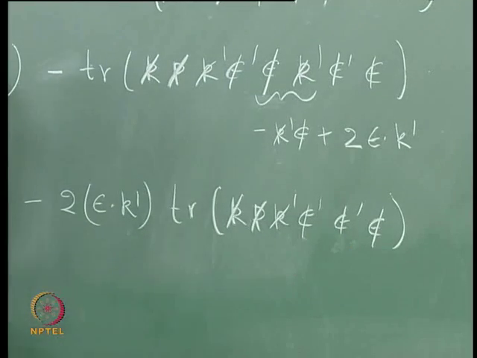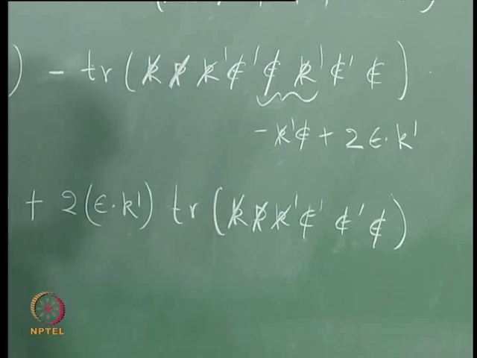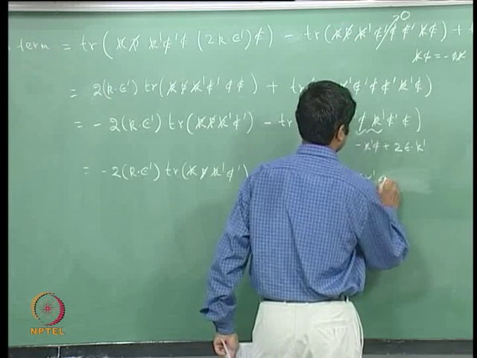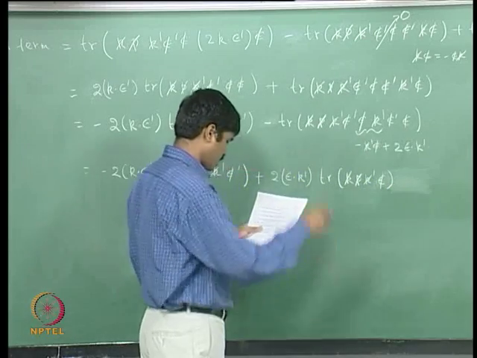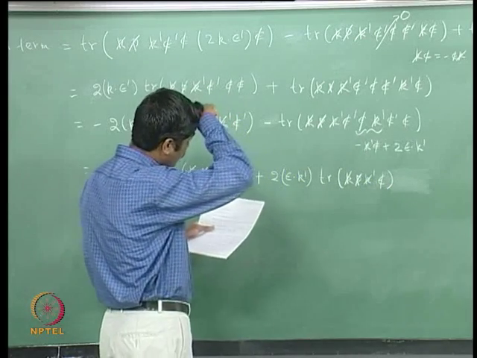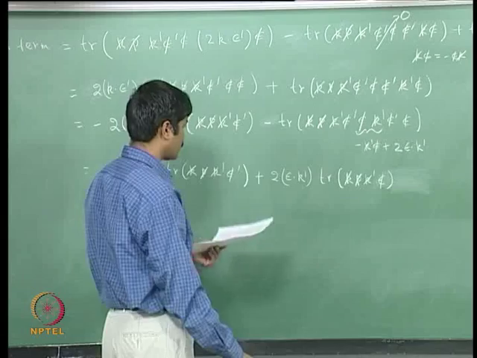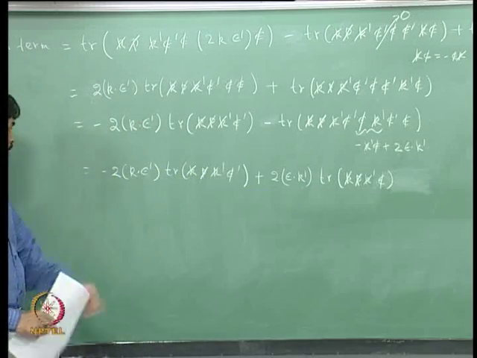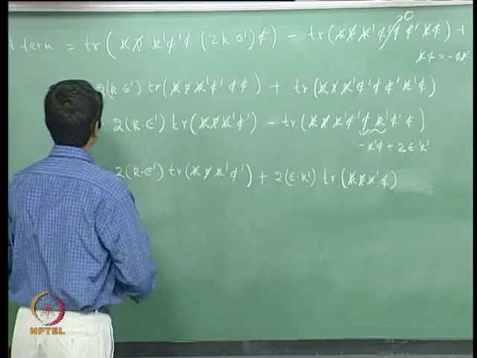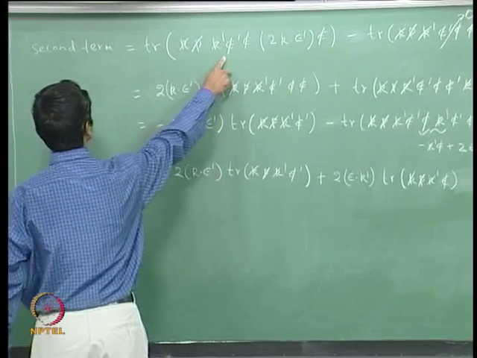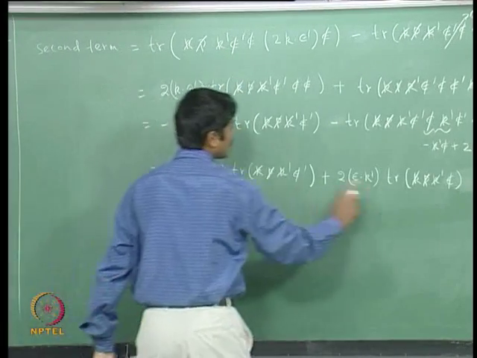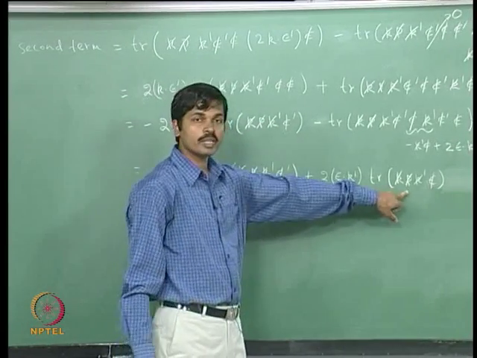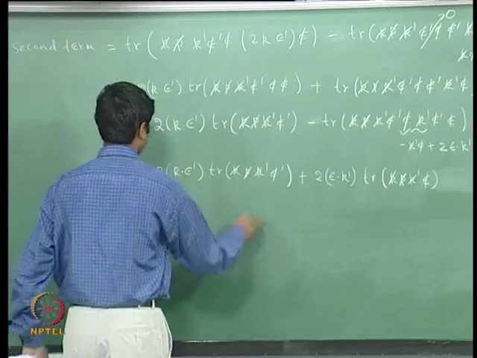So, this quantity here is plus 2 epsilon dot k prime k slash p slash k prime slash epsilon slash. Okay, good. So, we have started with this term, and then we have reduced it to a sum of two terms which involve trace of 4 gamma matrices. Therefore, we can easily compute them.